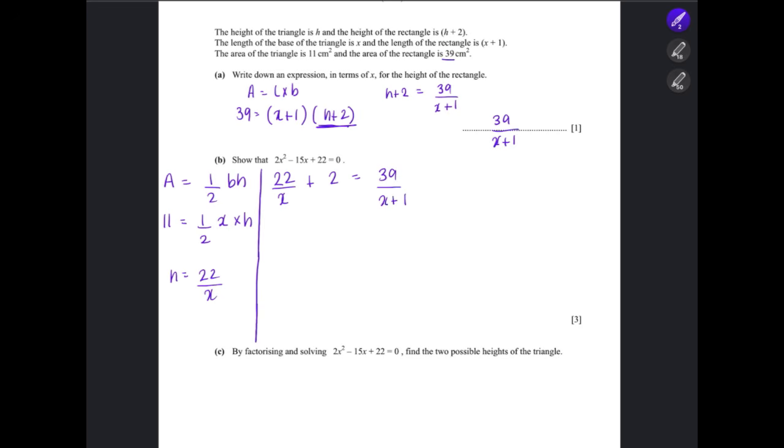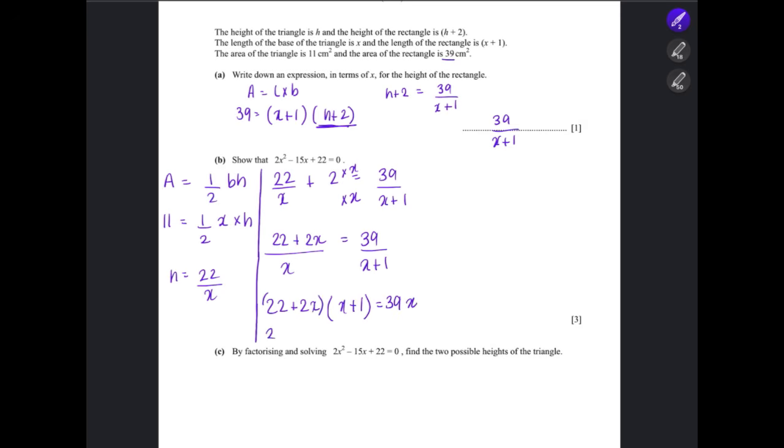Now we can make the denominator the same. So it will be something like this. 22 plus 2x divided by x equals 39 over x plus 1. Now we can multiply them like this. So this is going to be 22 plus 2x, and then x plus 1 equals 39x.